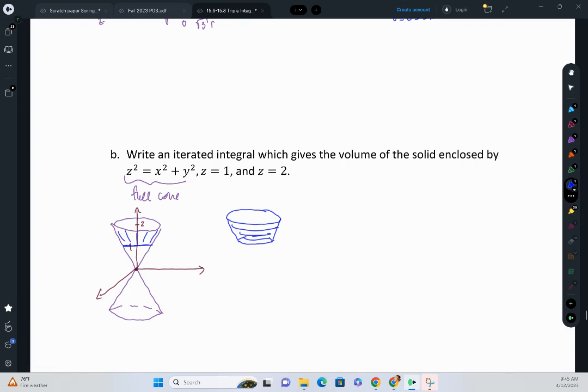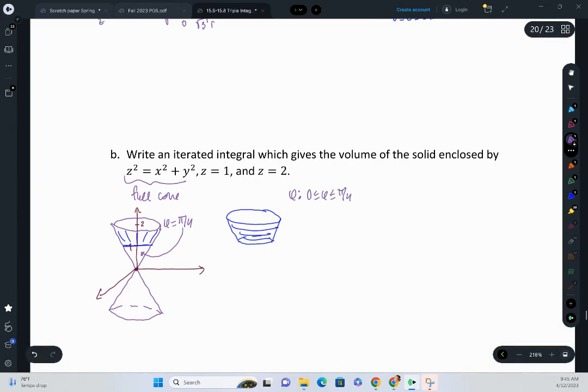There are no multipliers on x squared and y squared. So for the upper half, it's phi equals pi fourths. That's the angle that's created right here. So that tells me right away that phi is defined between 0 and pi fourths.